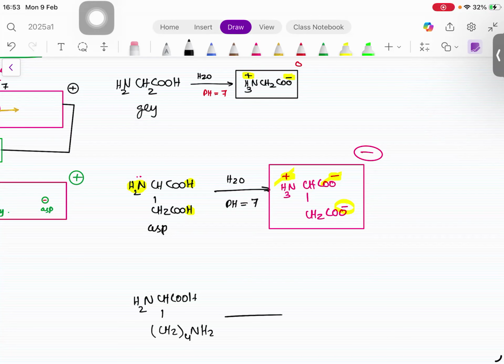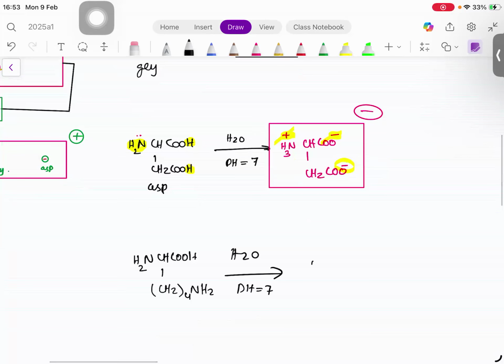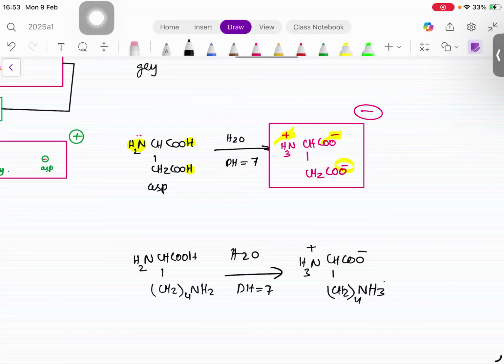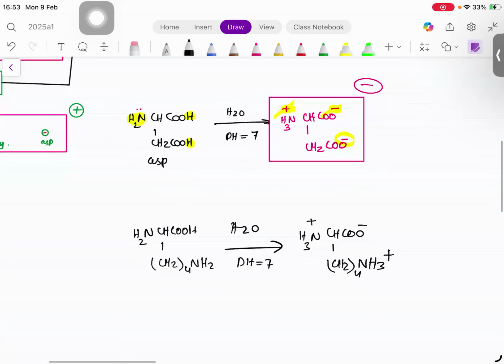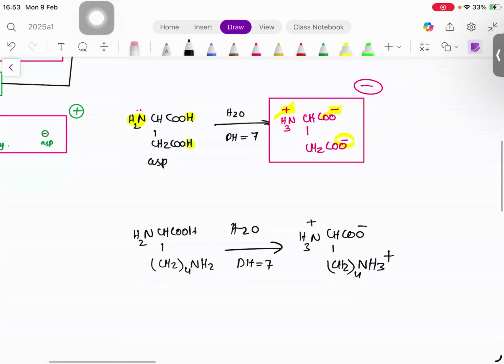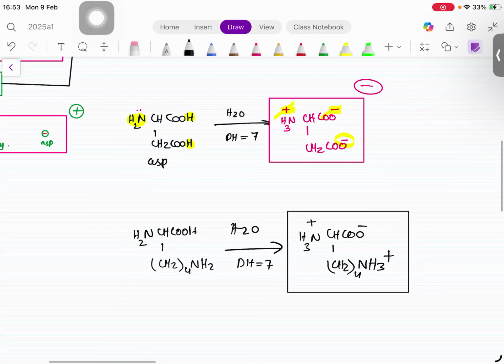This is a lysine. If you put the lysine in water at pH 7, it's not a zwitterion, since this is not its isoelectric point. So it's going to be NH3 positive, CHCOO negative, and then CH2 4 times NH3 positive. Okay? So now what is the overall charge, Aris? Yeah, positive and negative cancel out, so what is left?